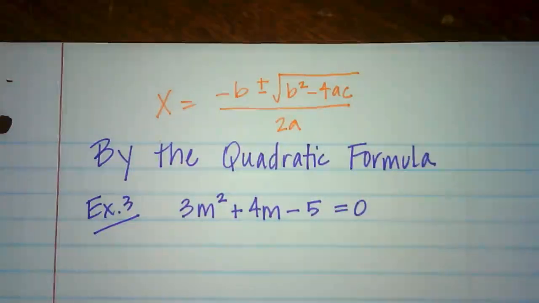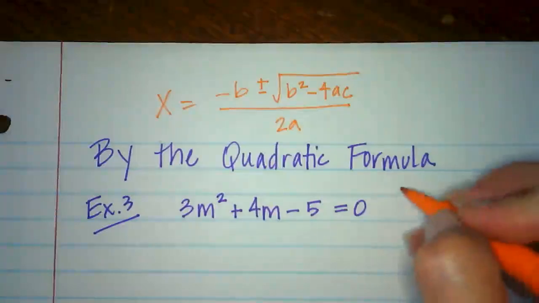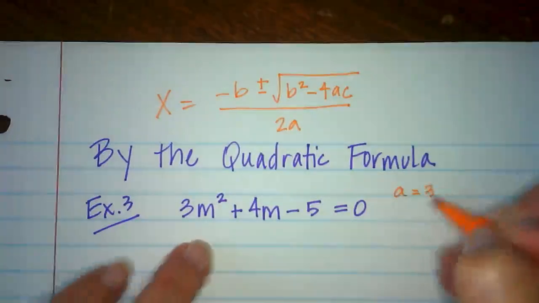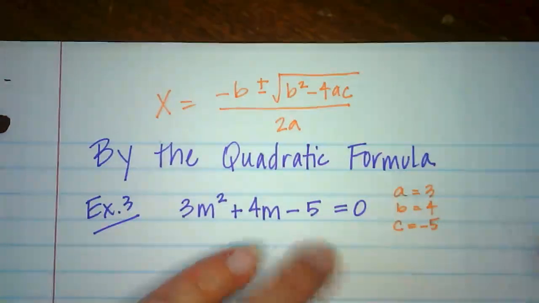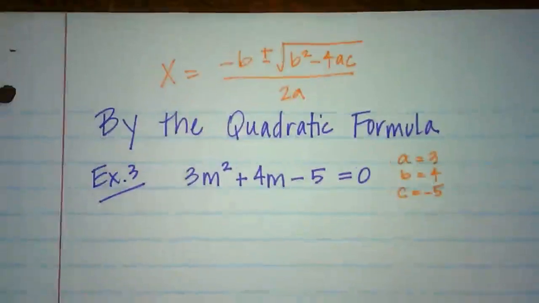So that is the equation for quadratic formula. So now we're going to take our values here. We can see that a is 3, b is 4, c is negative 5. And we're going to fill it in.